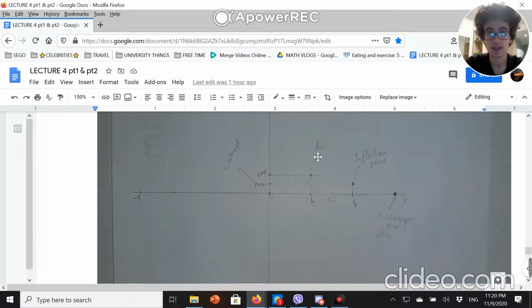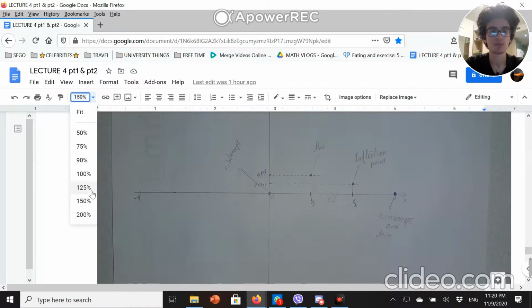Our max point has coordinates 1 over 3 and 0.148, which is here. Our minimum point has coordinates 1 and 0, which is again where our x-intercept is. And our inflection point has coordinates 2 over 3 and 0.0741, which will be here.